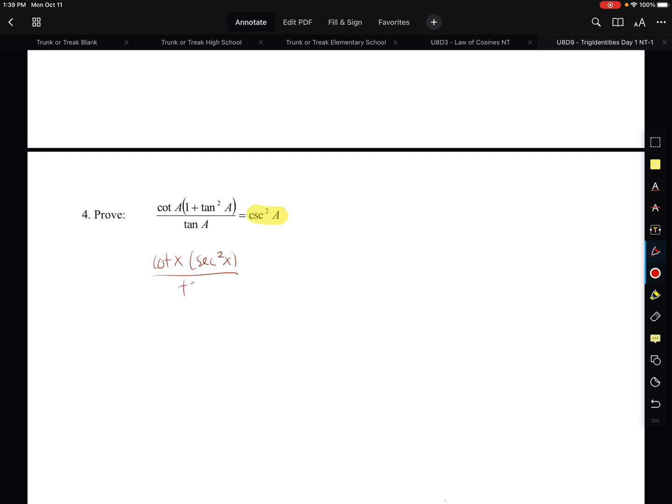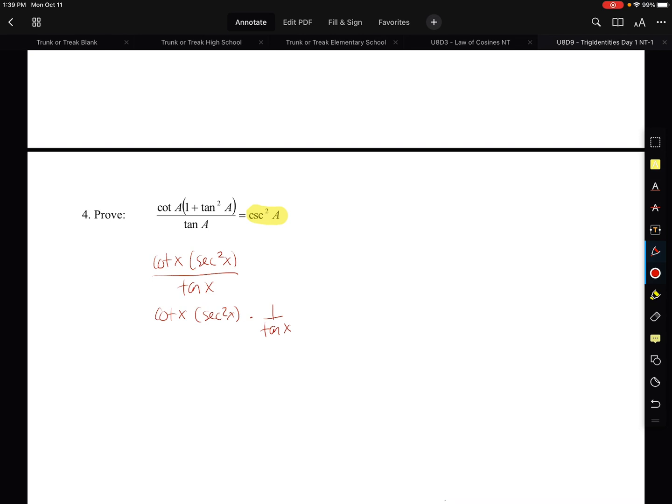Secant squared x over tan x. So with this, I could separate it out. I could write this as cotan x times secant squared x times 1 over tan.